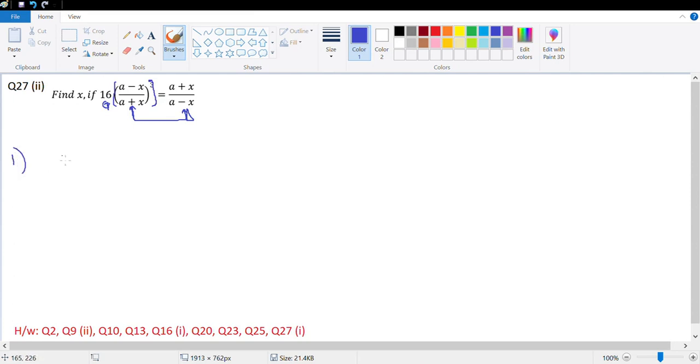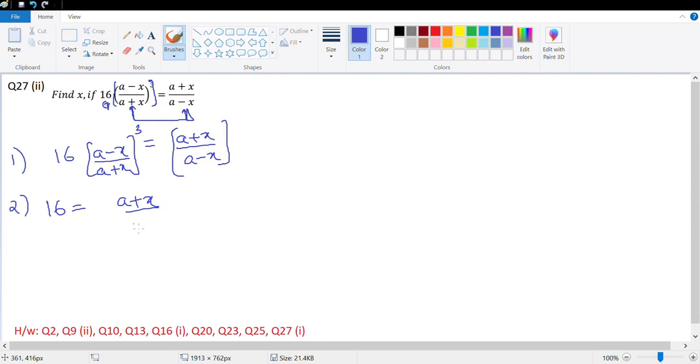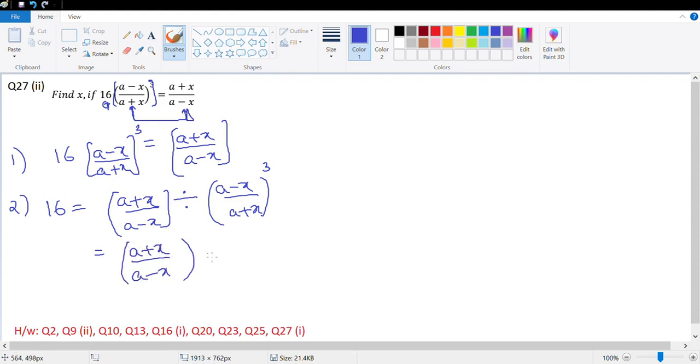So 16 times a minus x upon a plus x cube is equal to a plus x upon a minus x. That's given, which means 16 would be equal to a plus x upon a minus x divided by a minus x upon a plus x, the whole cube. This is division of fractions, which means we get a plus x upon a minus x multiplied with a plus x upon a minus x, the whole cube. That's equal to 16.